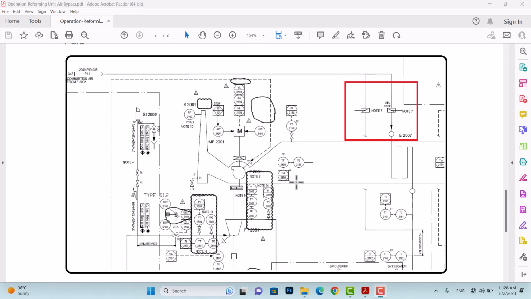And you might ask, what is the relationship between changing the opening of this valve and the draft pressure? That's a good question. Let me explain. As I stated in previous minutes, when you change the opening of this valve, the flow rate through this exchanger changes.